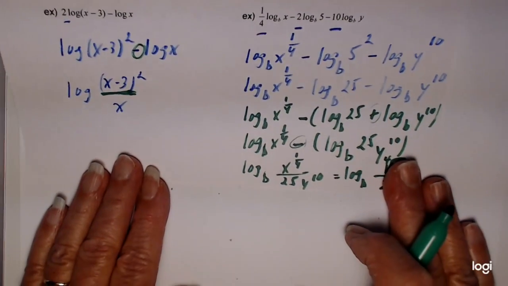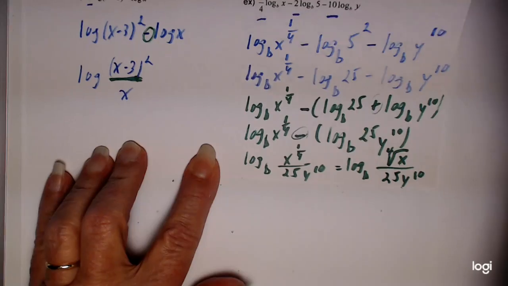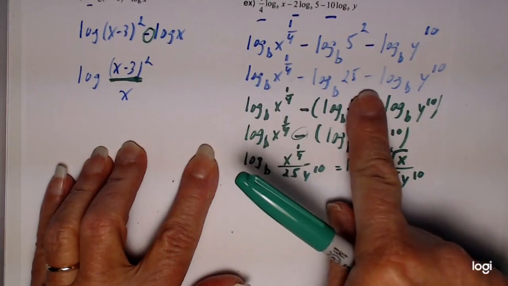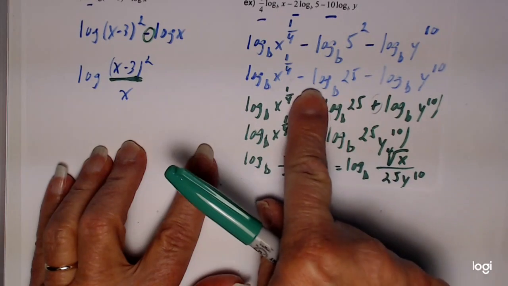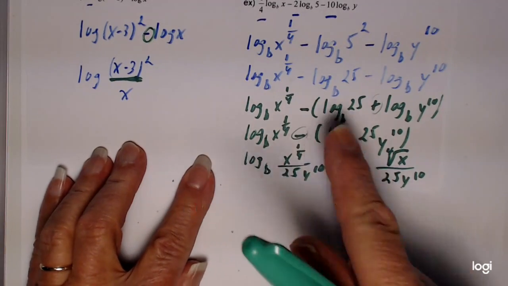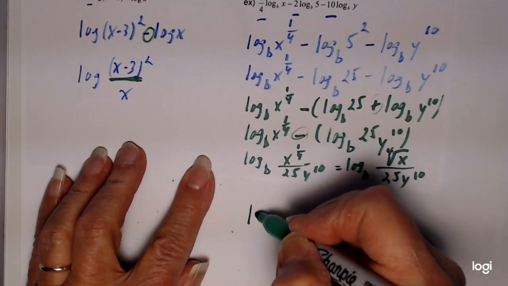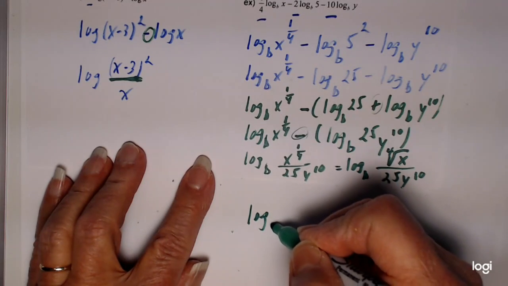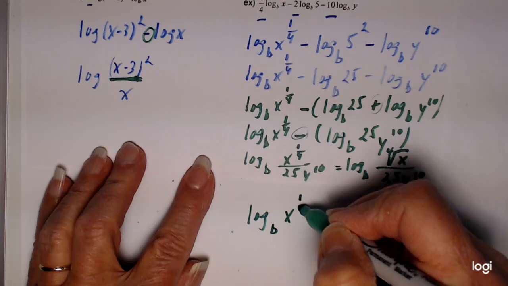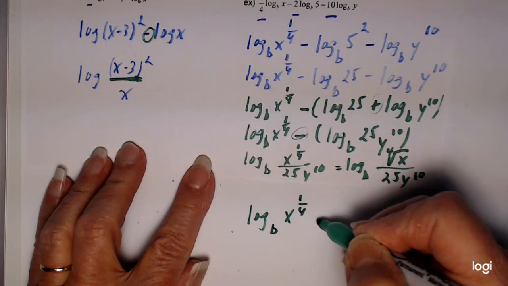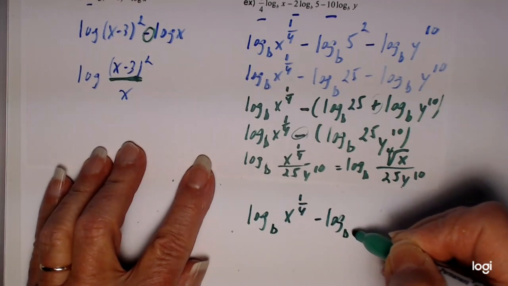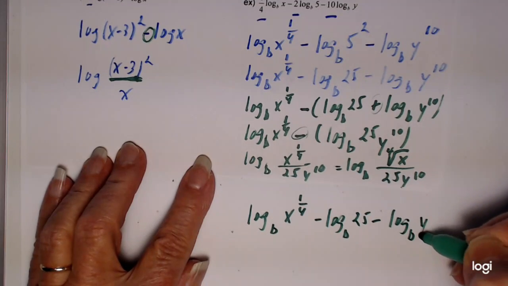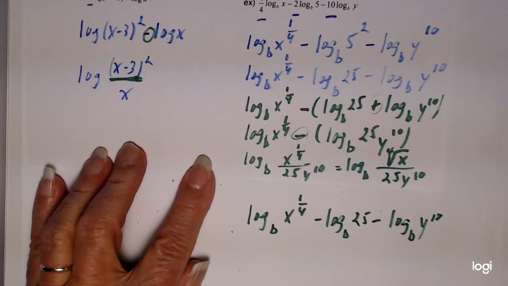Another approach would be, from here, instead of factoring out the negative sign, we could consider this. We have log base b of x to the 1/4, and now we have minus log base b of 25 minus log base b of y to the 10.